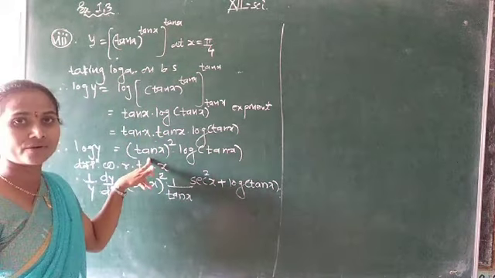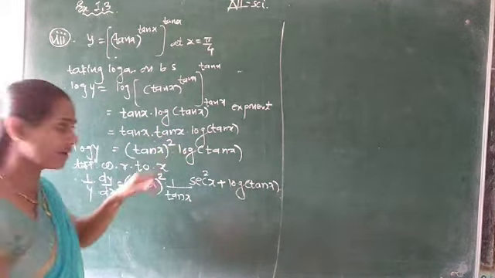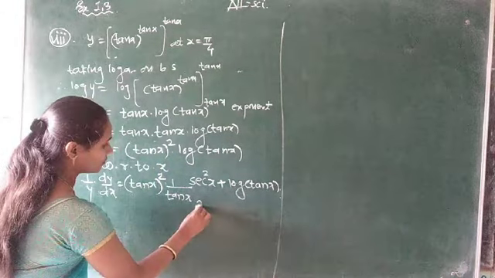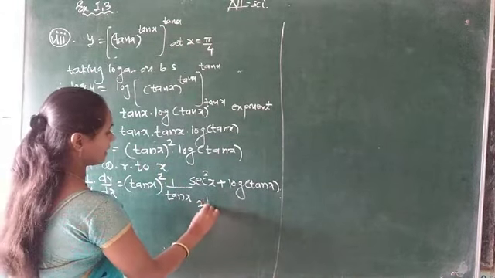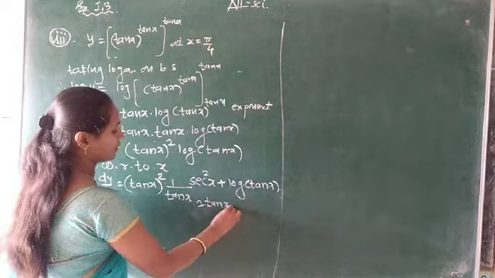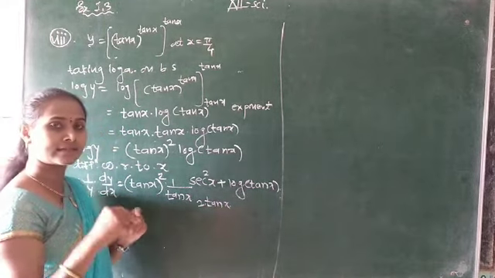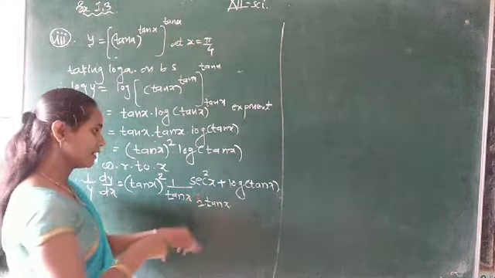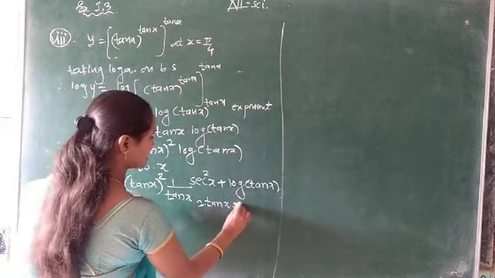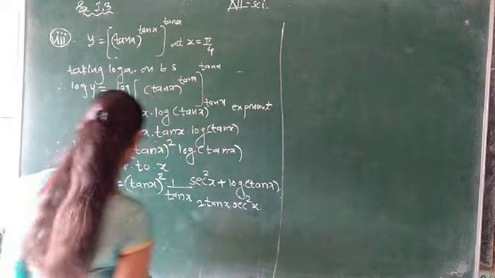So this is a power function, f of x raised to n. So what is the derivative of this? 2 into tan x into the derivative of tan x, that is, the derivative of x square is 2x, multiplied by the derivative of tan x, that is sec square x.